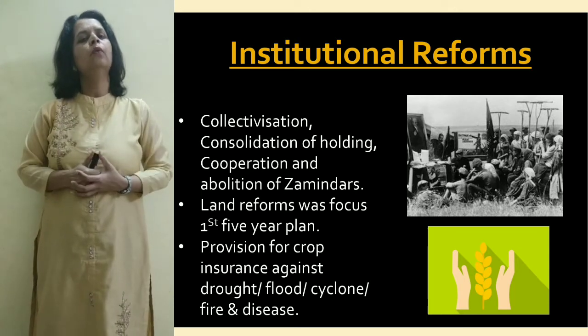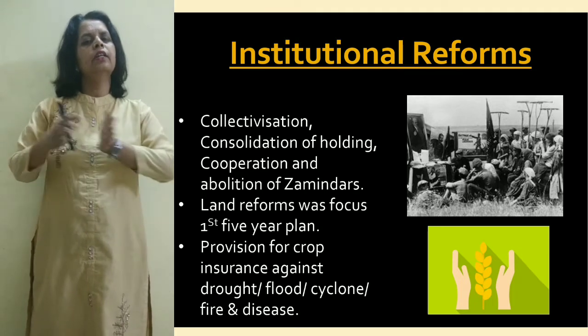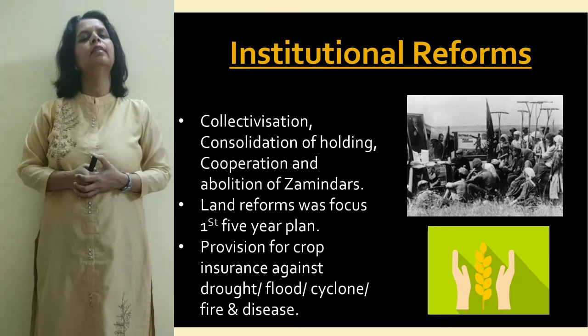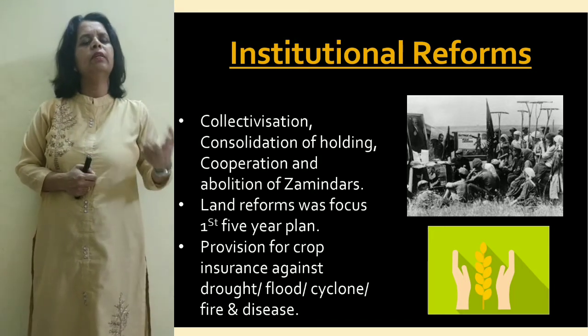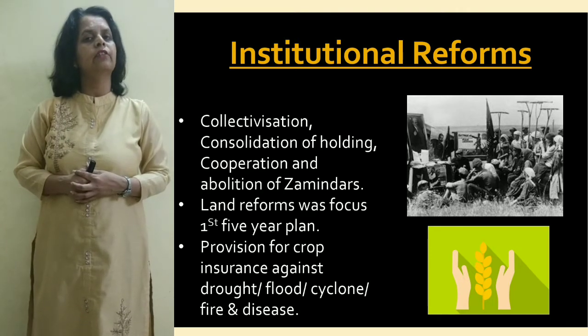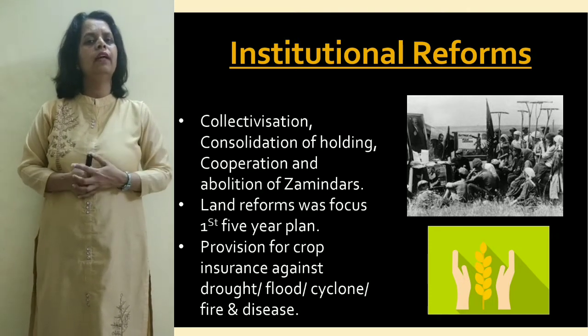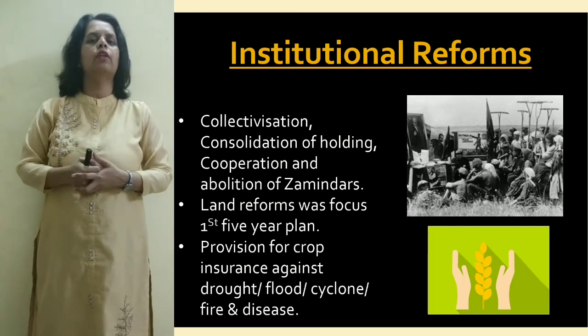Now let us see what exactly these are. When I talk about collectivization and consolidation of land holdings, it means that right from the ancient period, you must have heard about the law of inheritance, which I also discussed in my previous lecture. What exactly is this law of inheritance? The father's property passes on to the son and to the next generation.